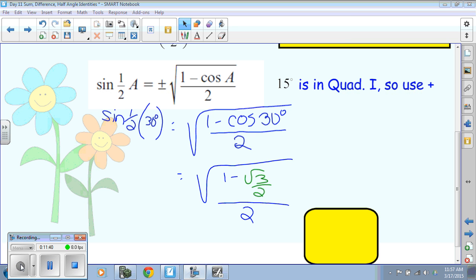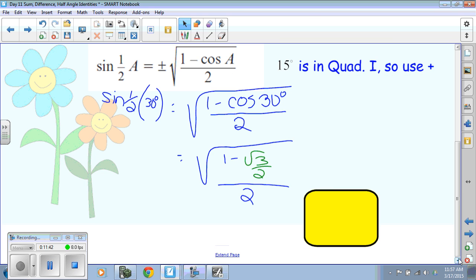How do you want to solve this? There's a couple ways we can go. Do you want to get a common denominator in the numerator, put it all over 1, or do you want to eliminate the denominator? Your call. I'm going to suggest eliminating the denominator.